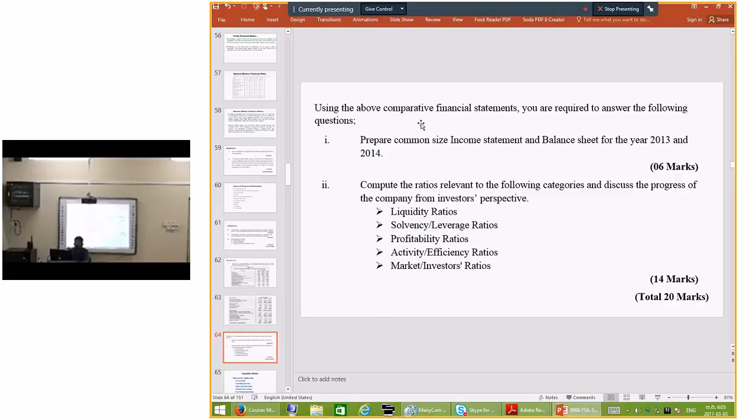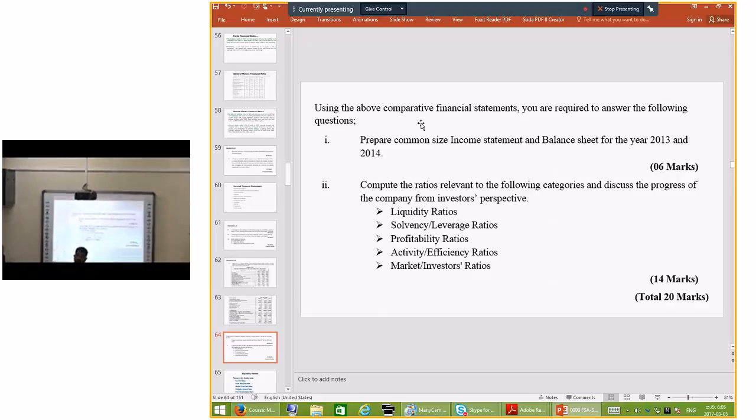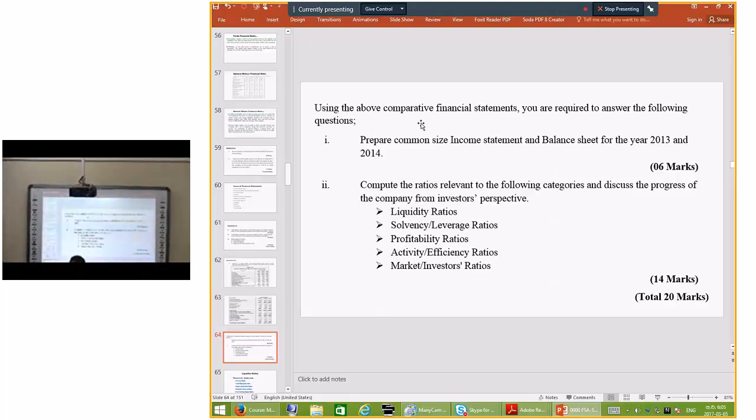It is important to know that when you are preparing the common size financial statement, under the income statement all line items are converted into percentages based on sales. Then if you move to the balance sheet or the statement of financial position, you can convert all the real values into percentages based on the total assets, right?